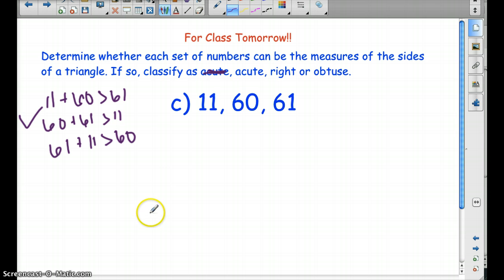All right, so now let's take 61 squared, fill in the blank, 11 squared plus 60 squared. So now, what are we going to get?